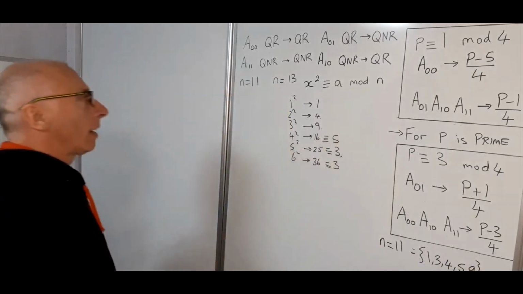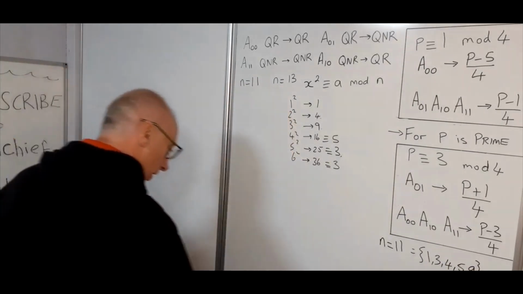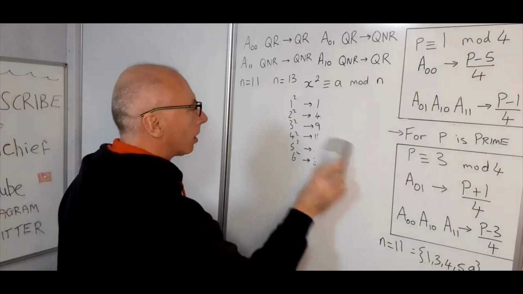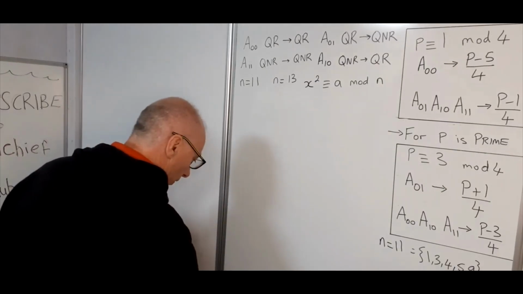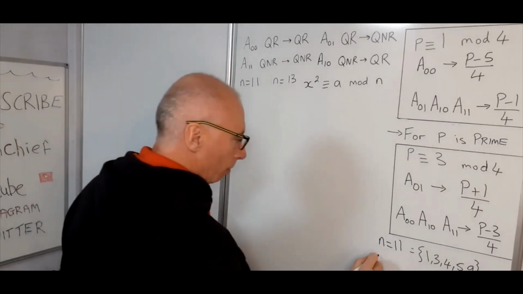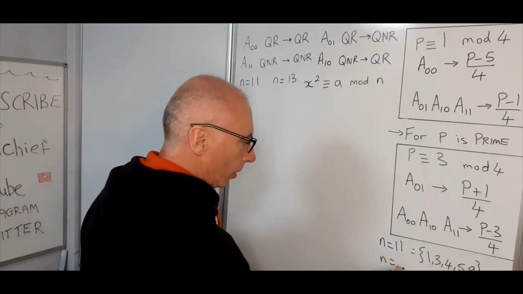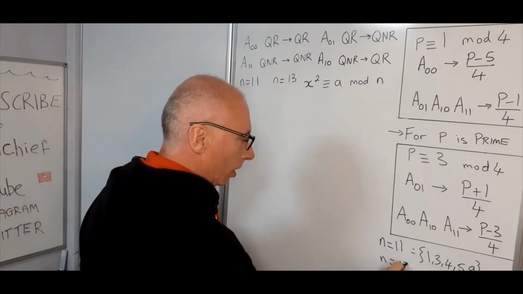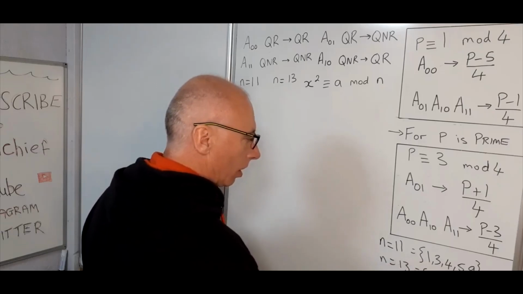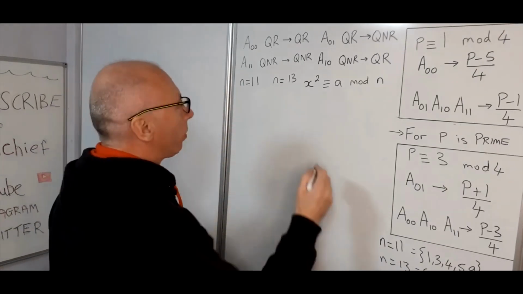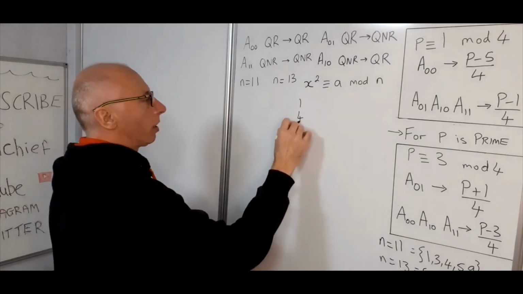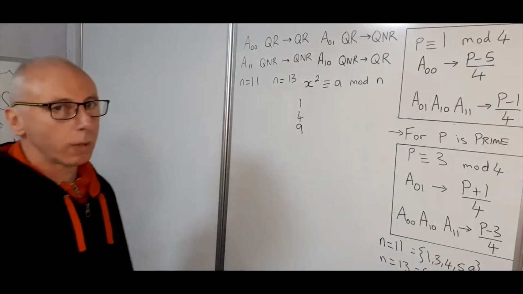Okay, so now let's find the residues for 13. For 13, straight away, we know we don't need to look at the first 3 square numbers. We know 1, 4 and 9 are in straight away, so that's 1 squared, 2 squared, 3 squared.